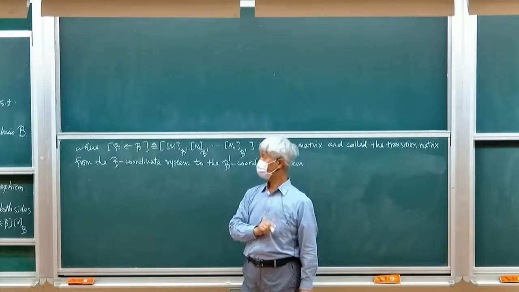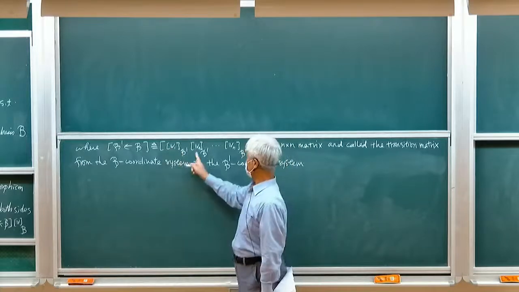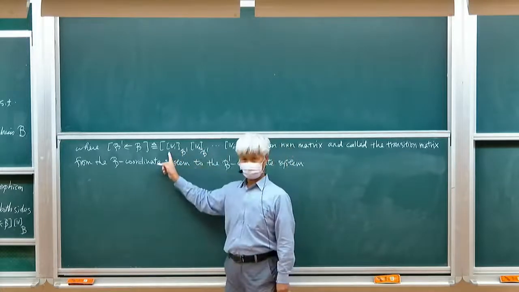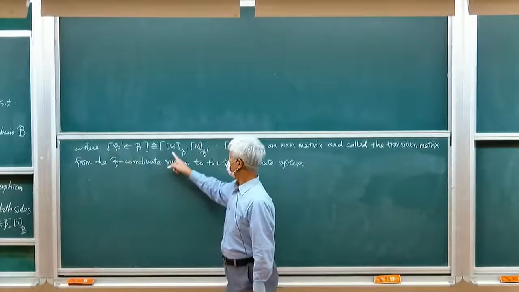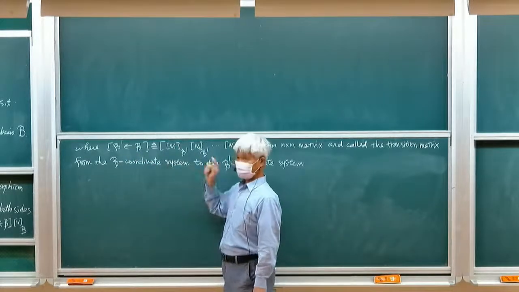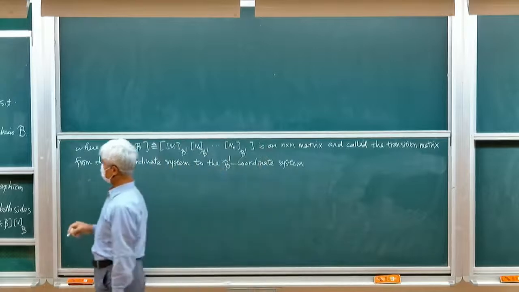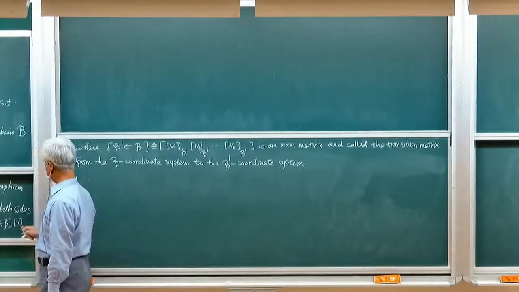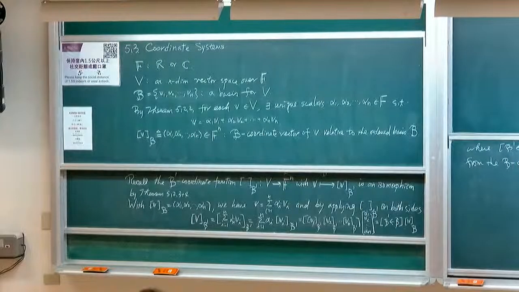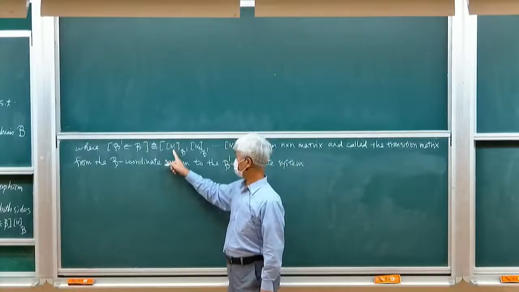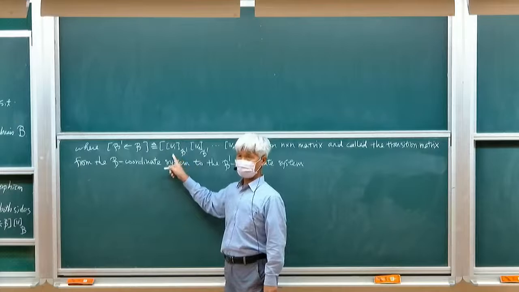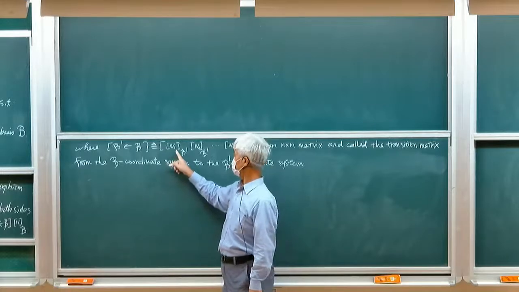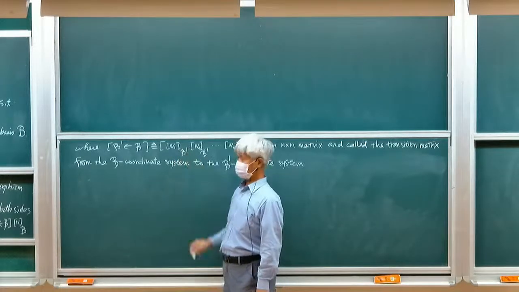Each column is a basis vector Vi in the basis B, and you take its B prime coordinate vector, relative to B prime.